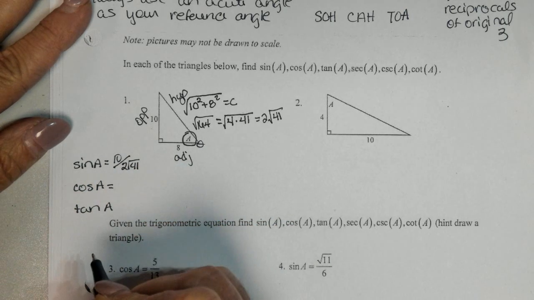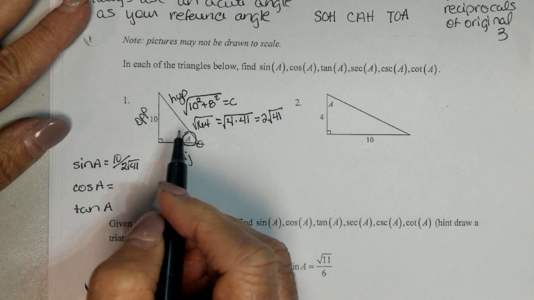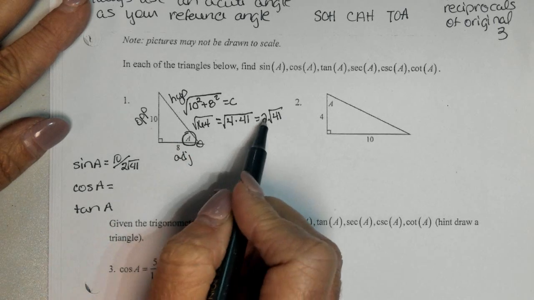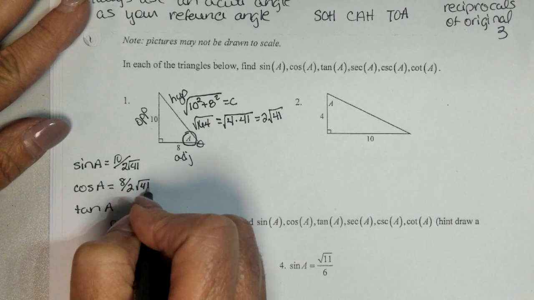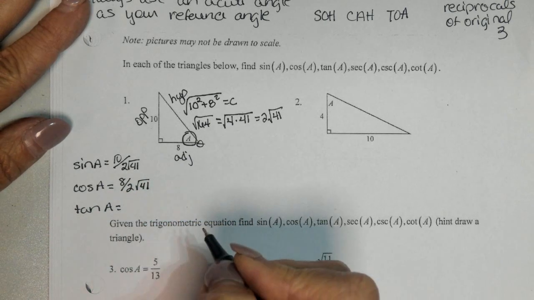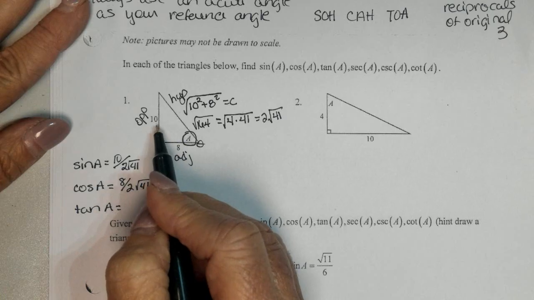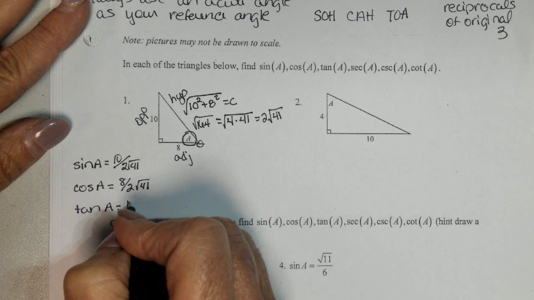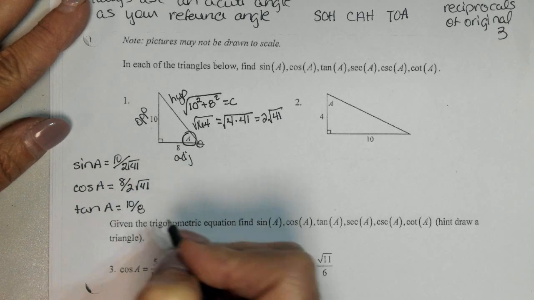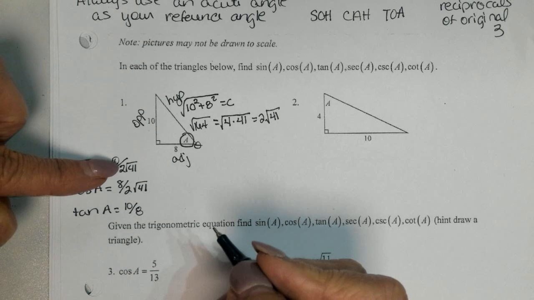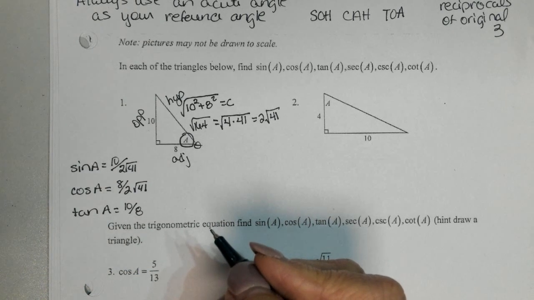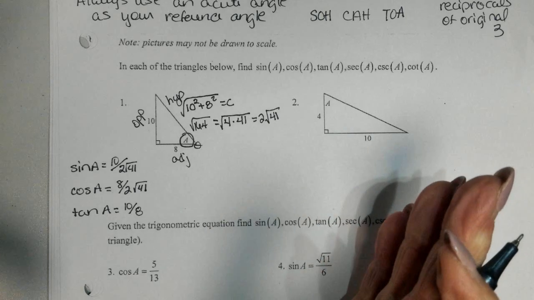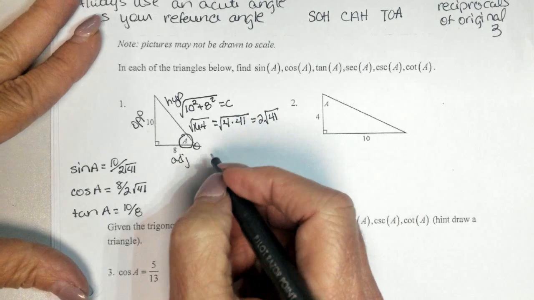The cosine of A is adjacent to hypotenuse, so it's 8 over 2 root 41. And our tangent ratio, opposite to adjacent, 10 over 8. Okay, now we will need to simplify this and rationalize the denominator, but I want to go ahead and do the other 3 before we take part in that.